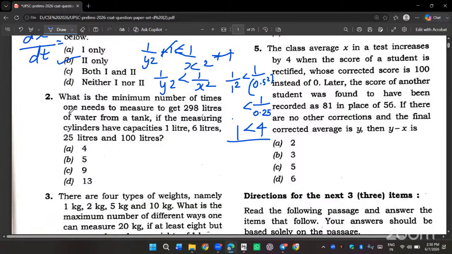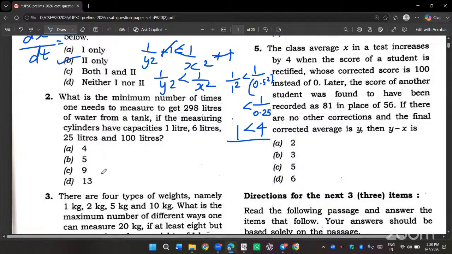If you have any doubt, you can interrupt. Okay, class, now we will move on to the next question. So here, a very simple question. Minimum number of times one needs to measure to get 298 liters of water from a tank.